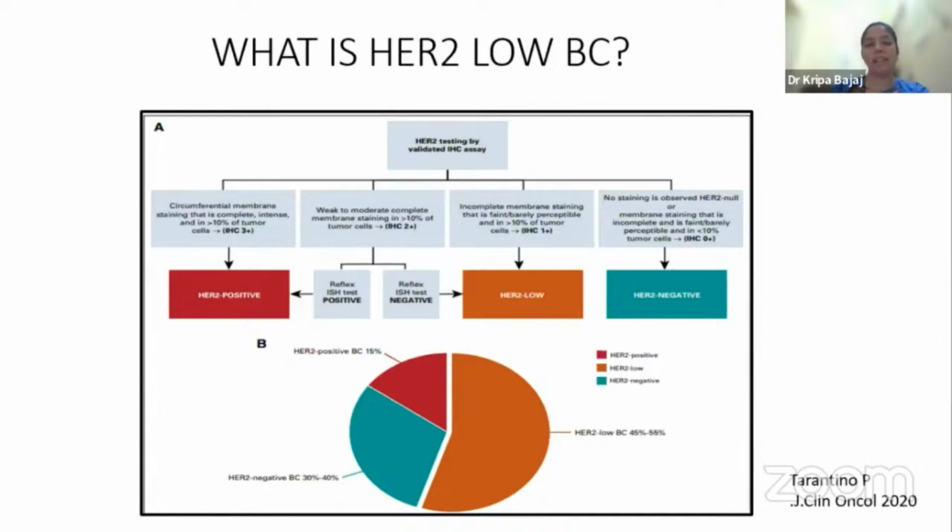Only when it's 2+, a dicey situation, with moderate staining in more than 10%, we tend to do FISH for these patients. But if it's an incomplete membrane staining, usually you don't get tempted to do FISH. Those patients are called HER2 low patients. So it is 2+ as well as 1+. So 2+ FISH negative and 1+, of course, with more than 10% incomplete staining.